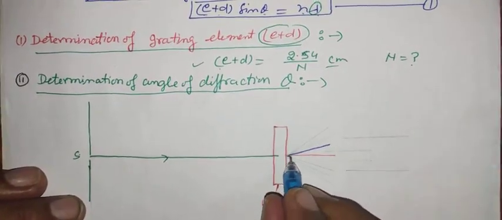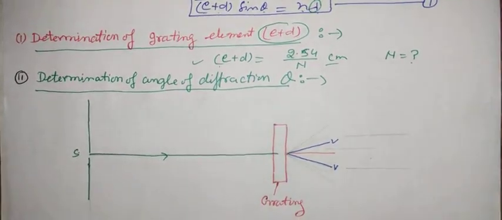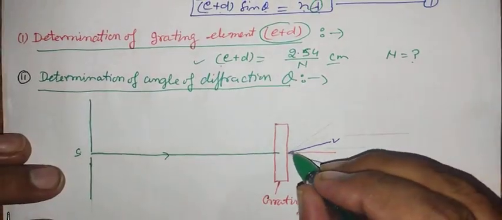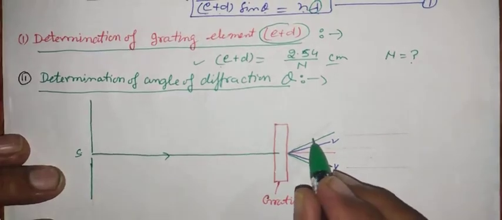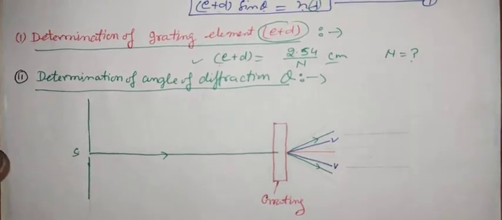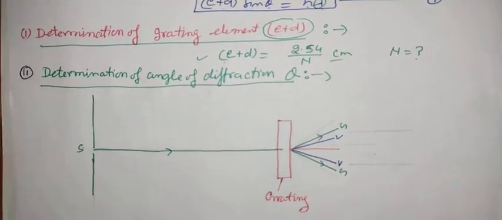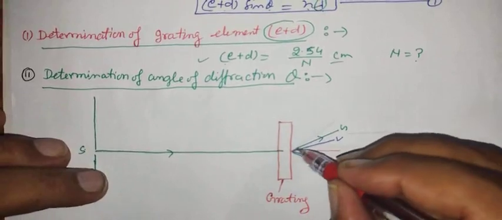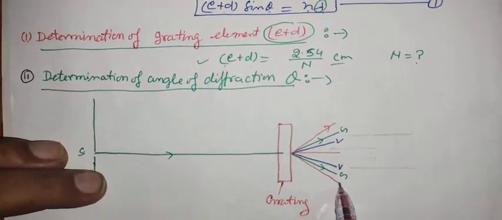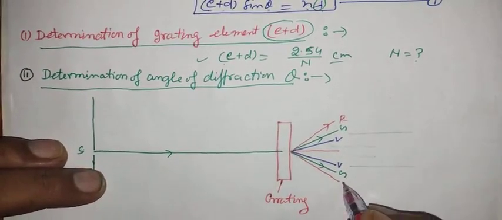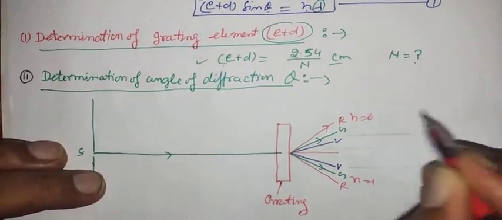violet on either side, followed by the green color band, and the last one is red, for the first order spectrum.